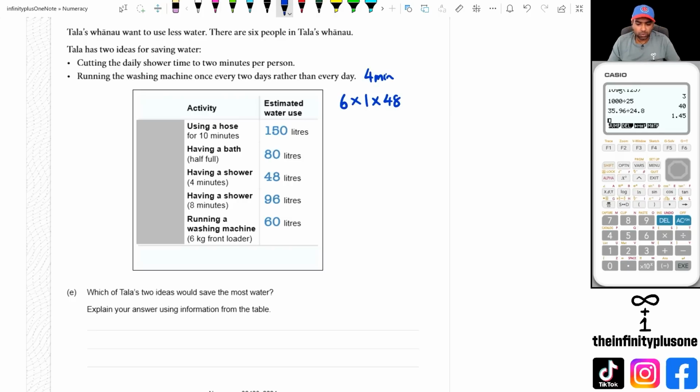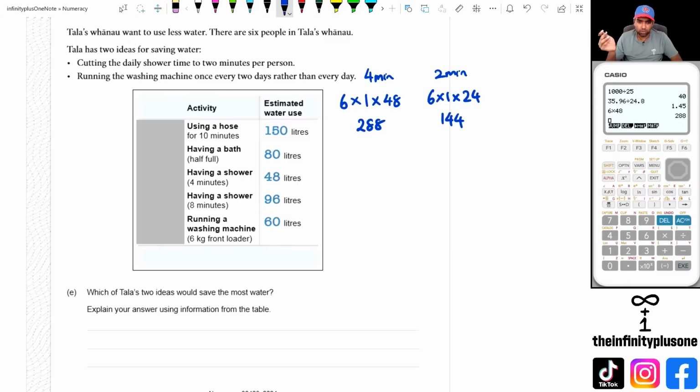So when we do 6 times 48, they are using 288 liters of water. But if you reduce that to 2-minute showers, then over one day you would do 144 liters. So they actually save 144 liters of water by just dropping it to 2 minutes.